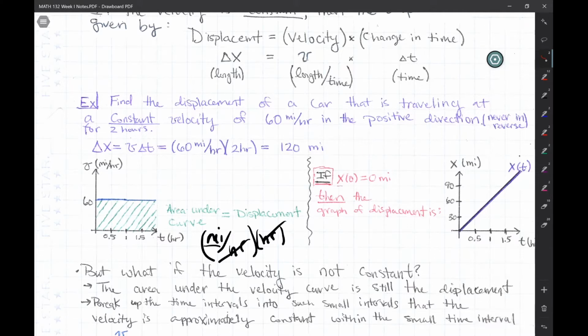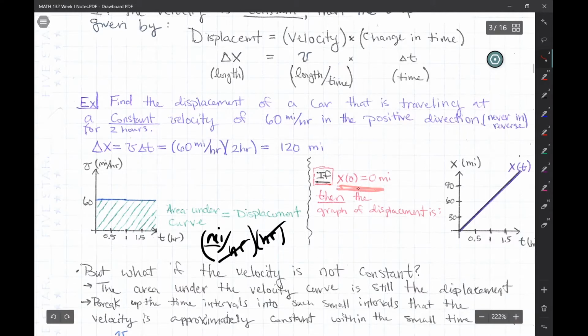How would the position look? If, and this is a big if right there, if we start at 0 miles, so wherever we decided for our origin, you could say that I'm going to set my origin at my garage, okay? So that's going to be the 0 position.